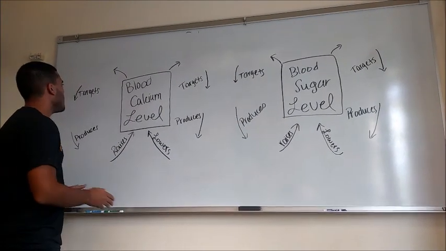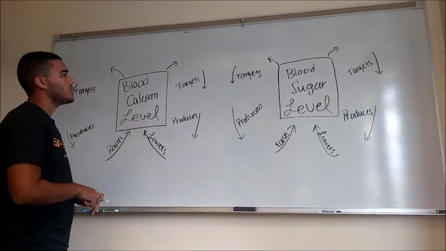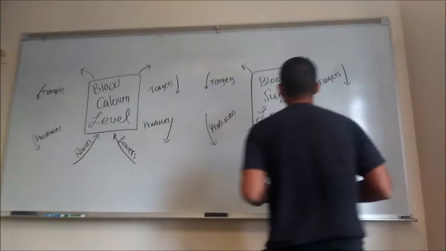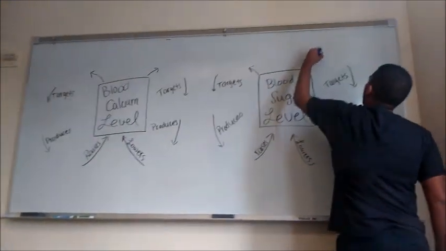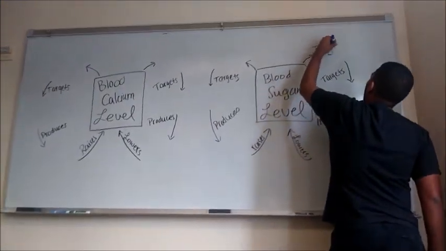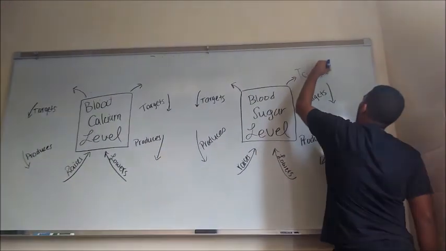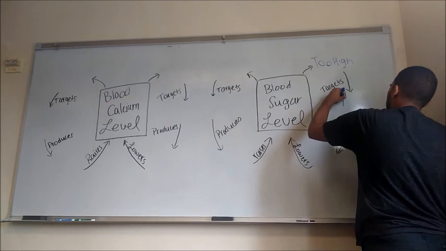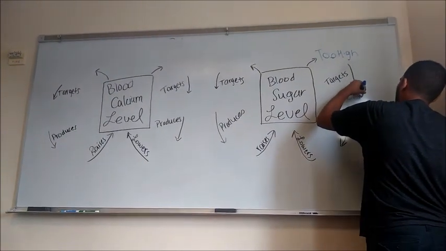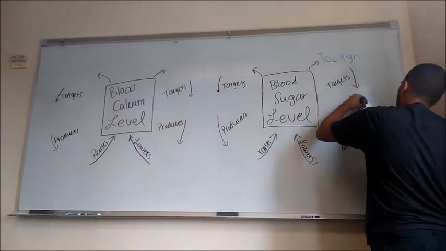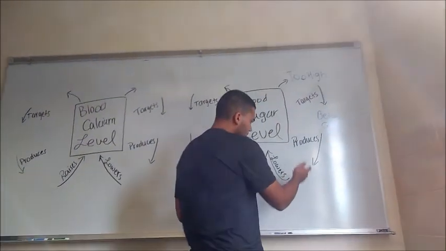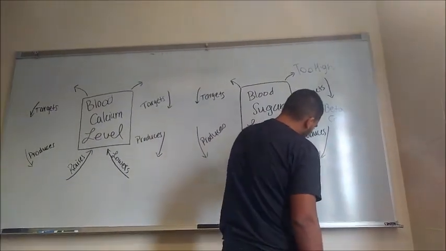So today I'm going to tell you how your body regulates blood sugar levels and blood calcium levels. So coming over here to blood sugar levels, if your blood sugar is too high, your body then targets beta cells. And then these beta cells produce a substance called insulin.